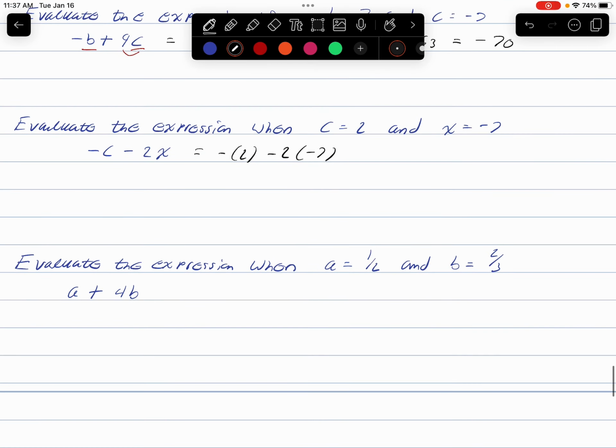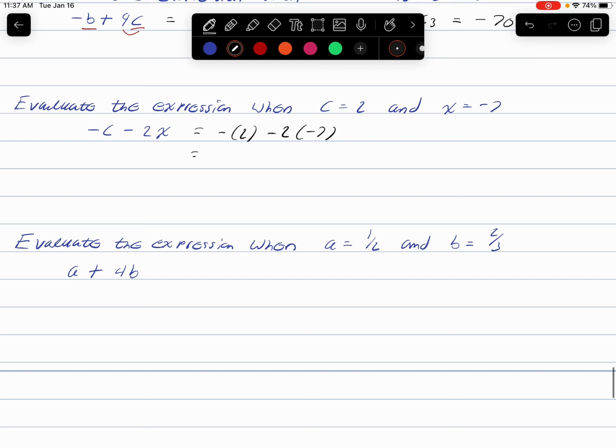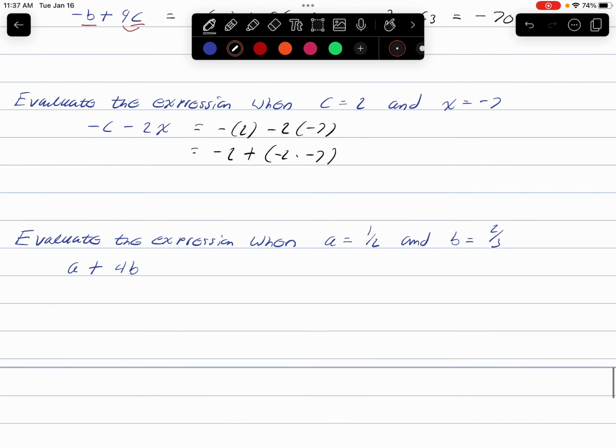All right, so another way we can think of this, if you want to try to deal with these negatives, is that this is actually the same thing as -2 plus -2 times -7, okay? So if we multiply two negative numbers together, this becomes a positive number.